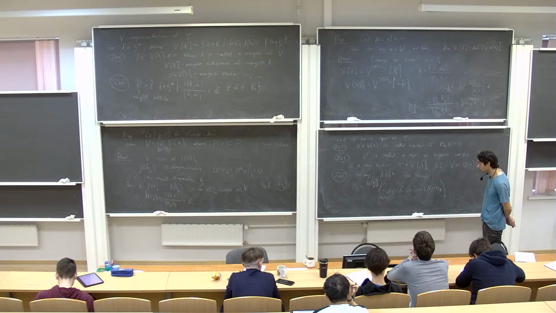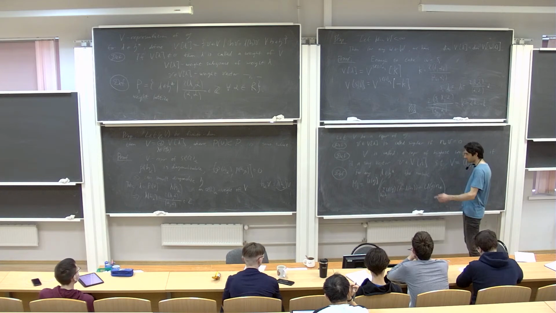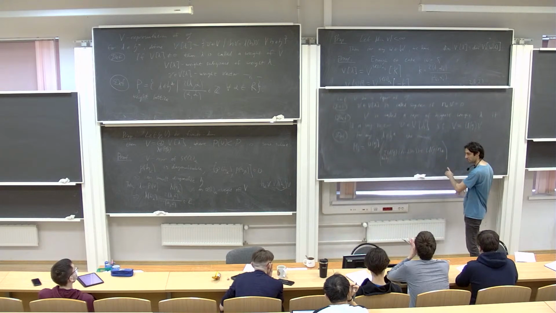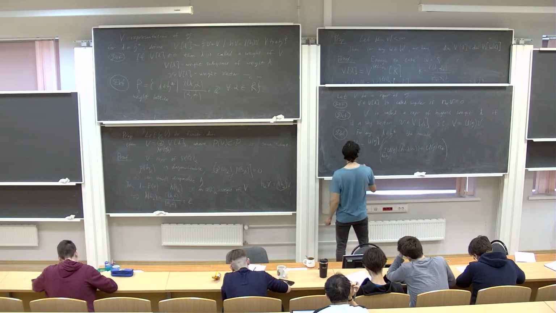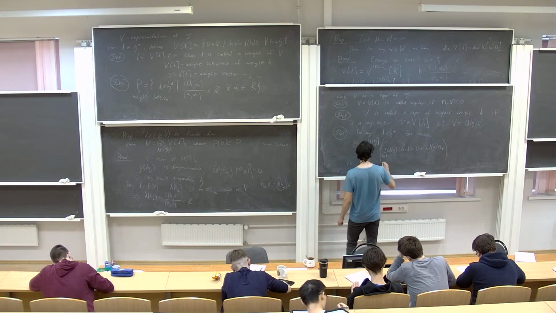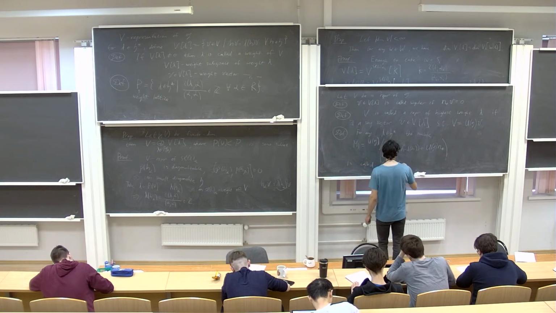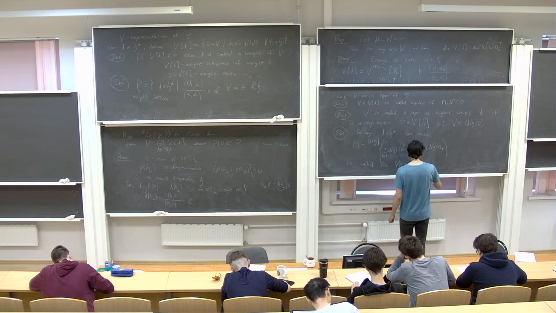It is a representation of U of G and of G. It's just the same thing. Right. Then the module like this is called the Verma module.